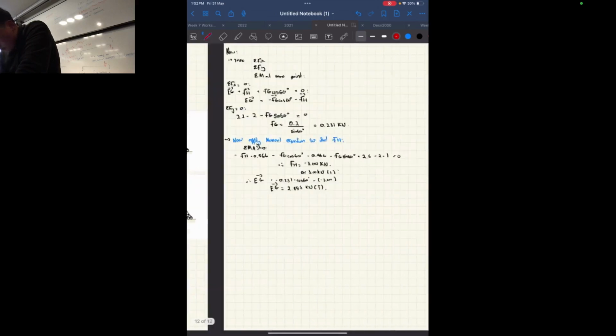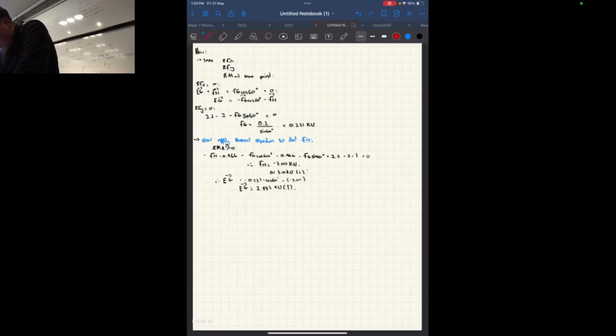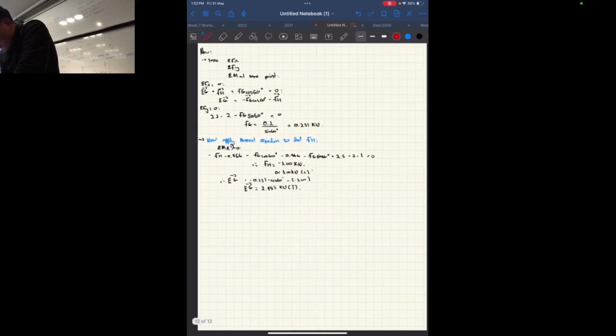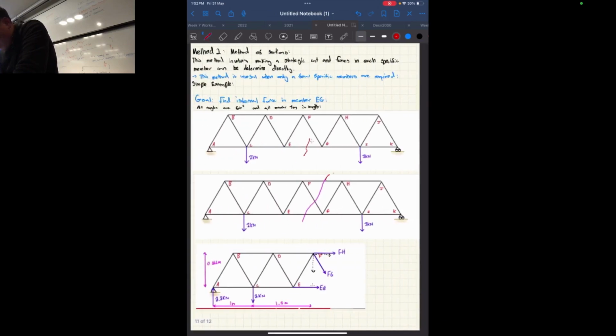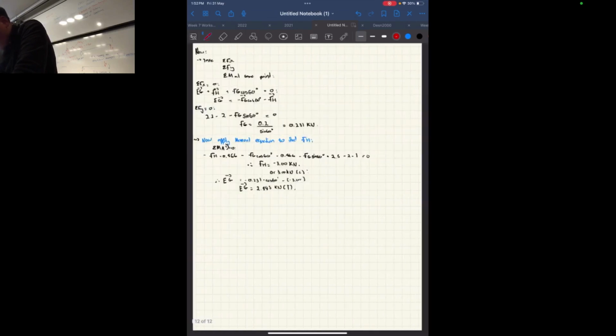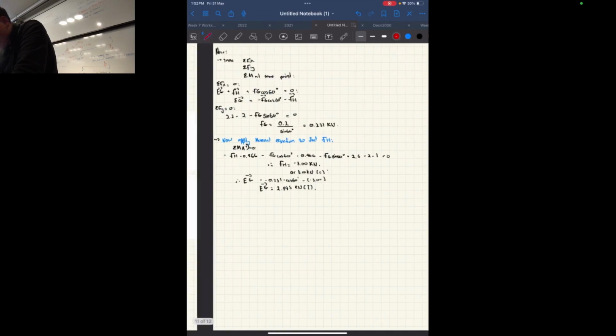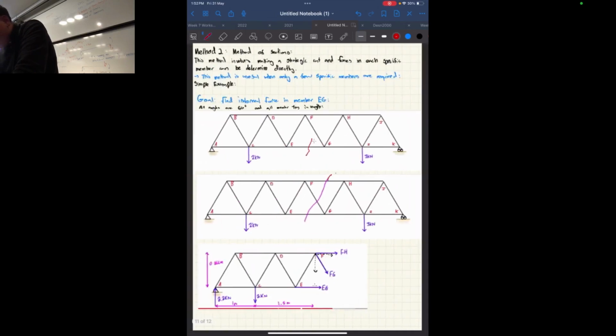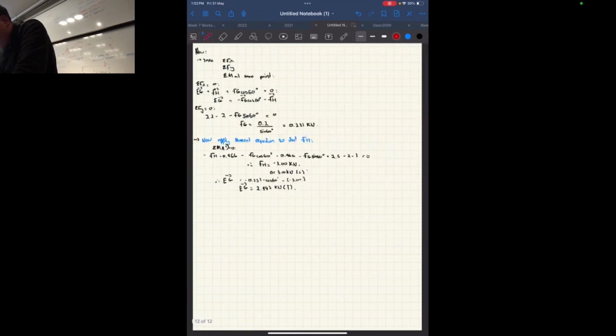So minus FH times 0.866, and then FG here we're taking moment from that, so both the vertical and horizontal. So horizontal component are positive and vertical is negative. So horizontal component is FG cos 60 times by 0.866, and the vertical component minus FG sine 60 times by 2.5.